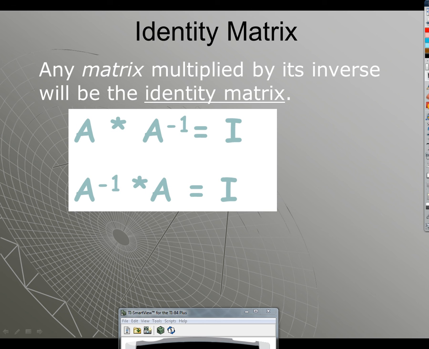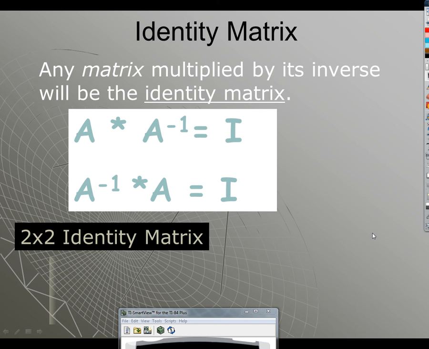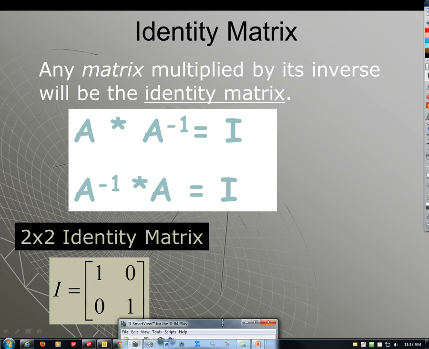But with matrices, 1 by itself doesn't mean anything. That's not a matrix. I have to come up with some matrix equivalent of the number 1. And this is what they look like. We call it I, and it's I because it's the identity matrix. The identity matrix is going to come in different shapes and sizes because it has to change.